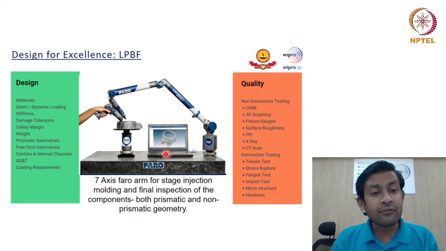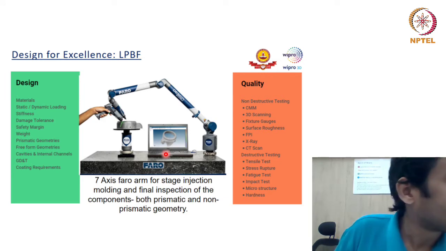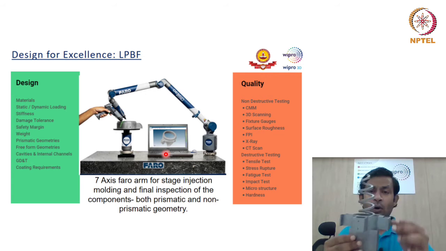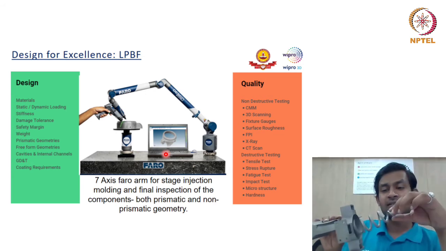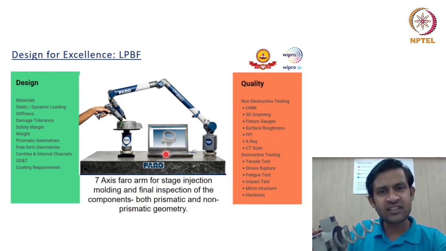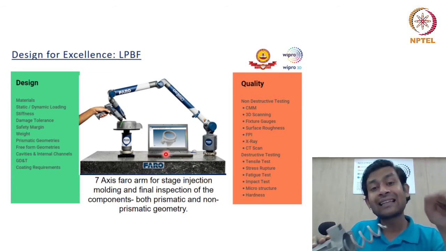Then now imagine you have to inspect something like this spiral surface. Now it will be very difficult to scan this spiral surface using a CMM probe or using conventional methods like screw gauges, pin gauges, and all these things. Therefore the best way is to use a 3D scanner.